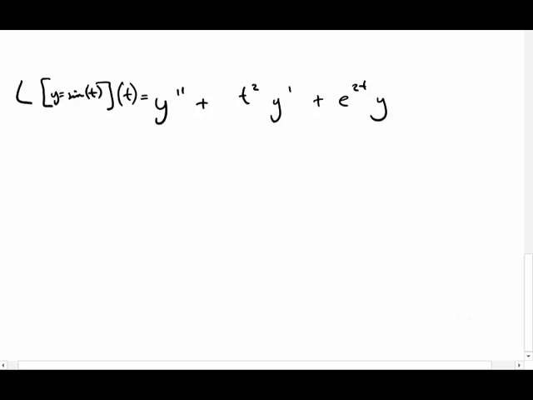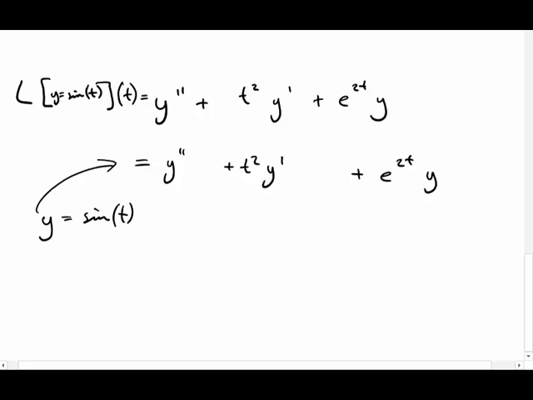Let's start off down this end. So this is e to the 2t. Let's work out what we do when we put this in. We need not just y but also its derivatives. With y equals sine t, y dash equals cos t and y double dash equals minus sine t. Now I've got all the pieces I need to write out the output of my linear operator.